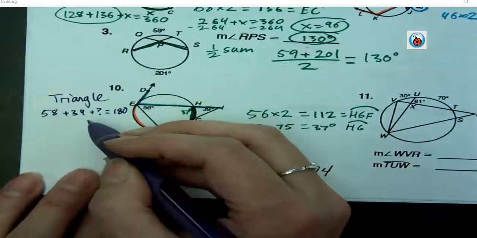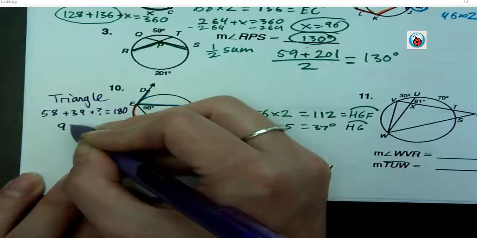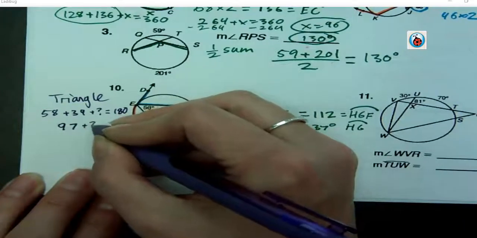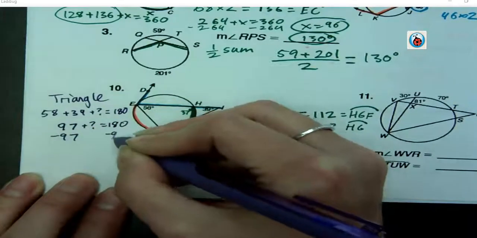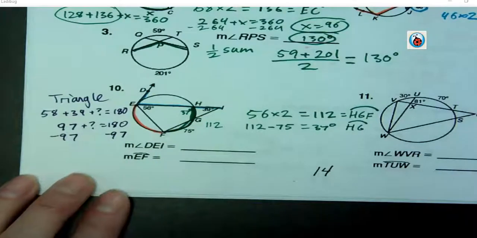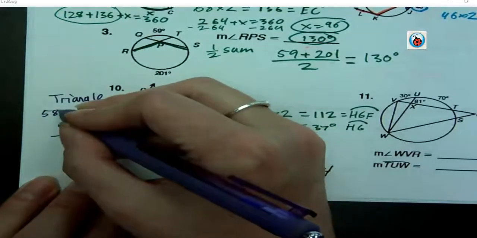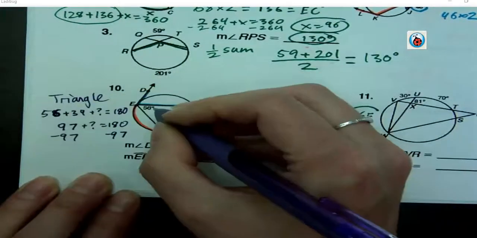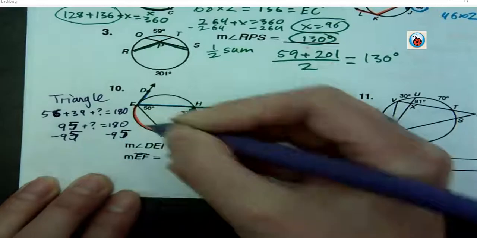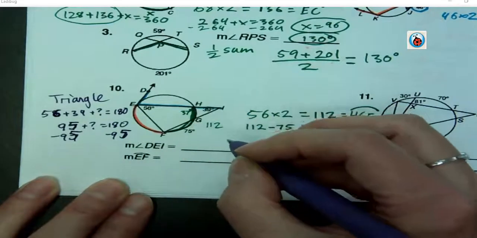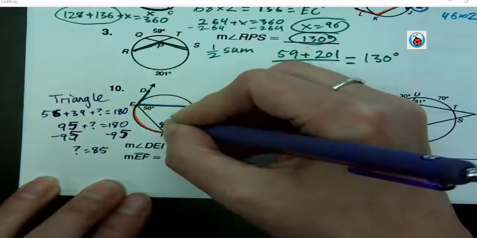And so I add those up to get 97 plus my angle F equals 180 minus the 97. I'm sorry, I wrote that as 58 instead of 56. Okay, 56, which makes this 95. And so 180 minus 95 equals 85. So this is 85 degrees.